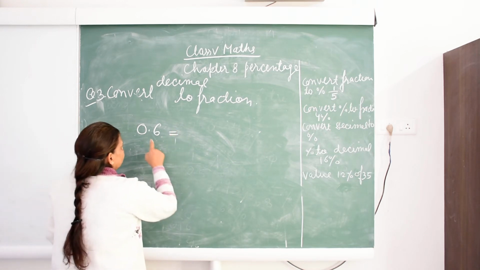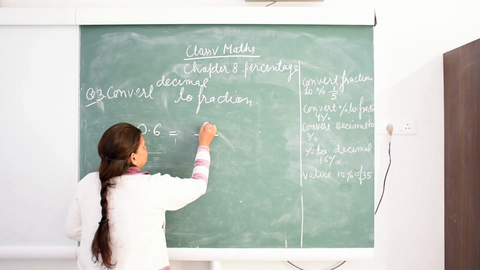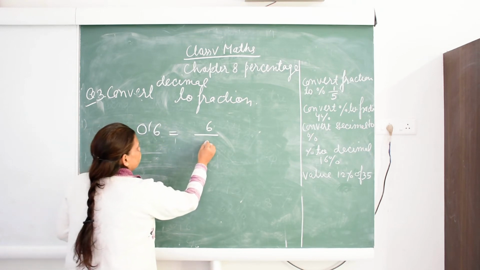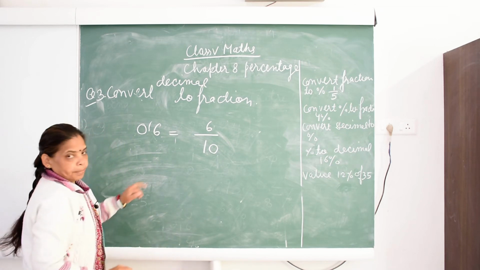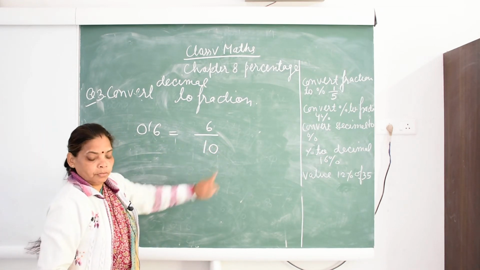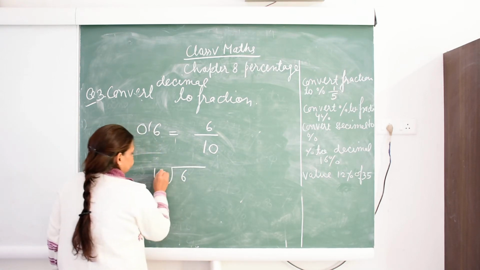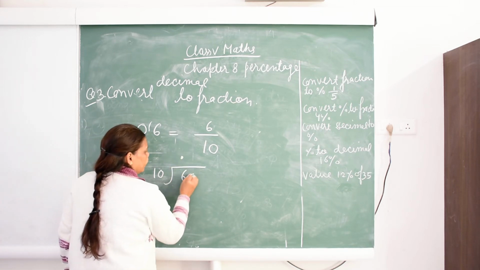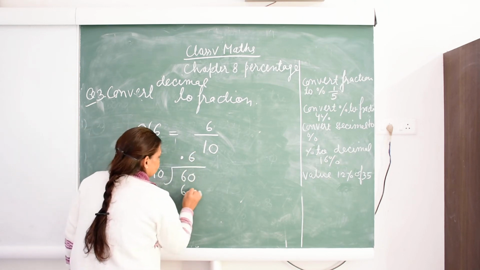So you remove this decimal, and in the place of the decimal you write 1, and how many digits are there? So 10. 6 upon 10. Now divide it. 6 divided by 10. First you put the decimal and write here 0. Now 10 6s are 60.